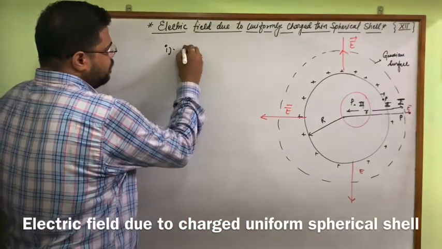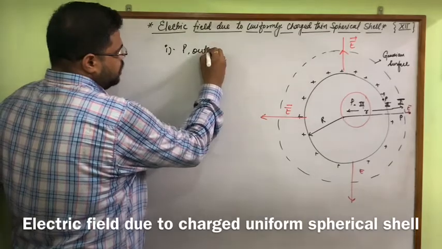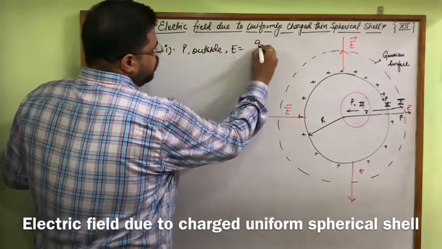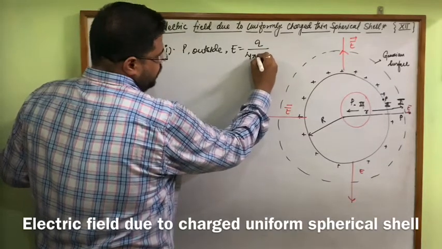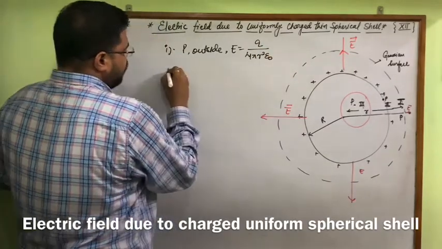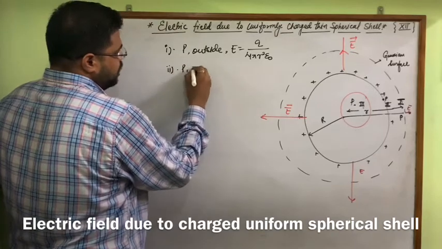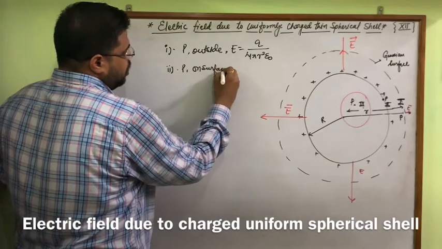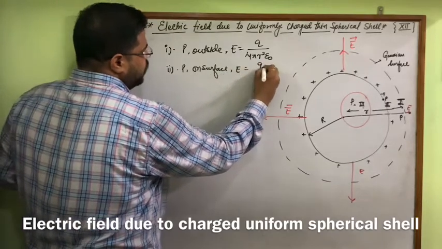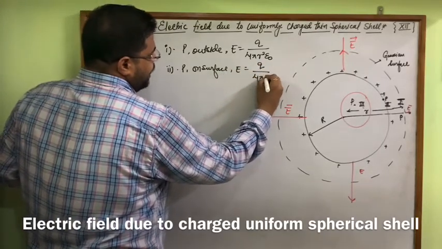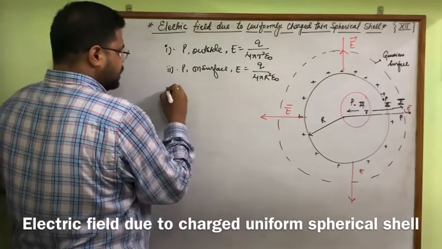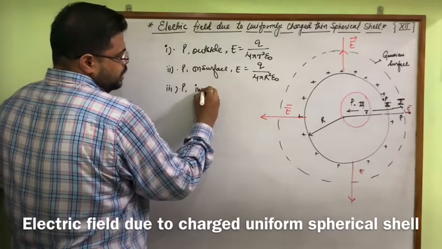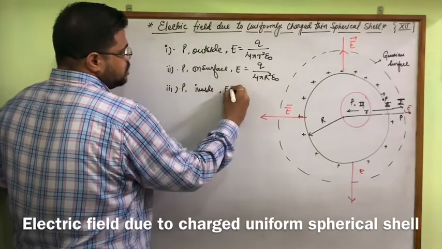First, when P is outside the spherical surface, the electric field is q by 4 pi small r square epsilon naught. When the point P is on the surface, the electric field is q by 4 pi capital R square epsilon naught. And in the third case, when P is just inside, E is 0.